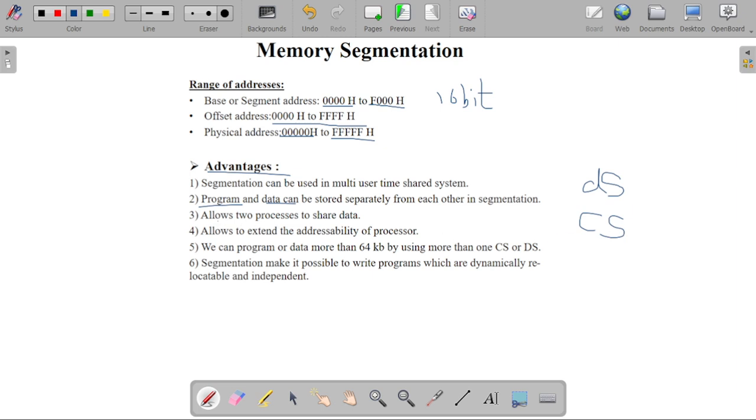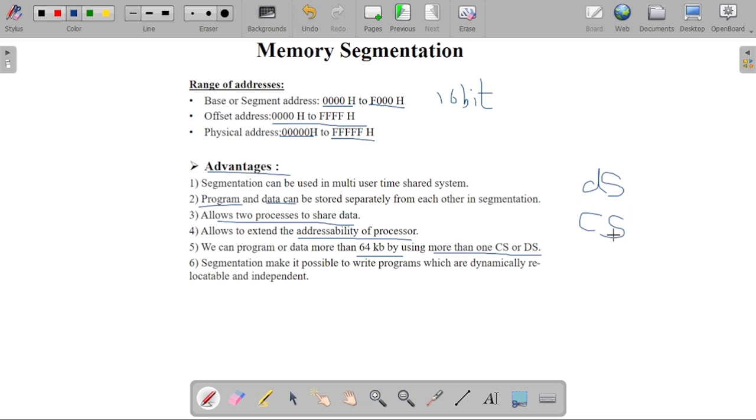We can allow multiple processes to share the data. The address space of the processor memory can be extended with the help of segmentation. We can handle programs or data of more than 64 kilobytes with the help of more than one code segment and data segment used together in one particular program. If the program requirement is large, then we can use multiple code segments as well as multiple data segments.